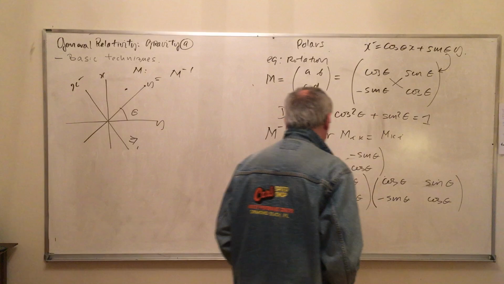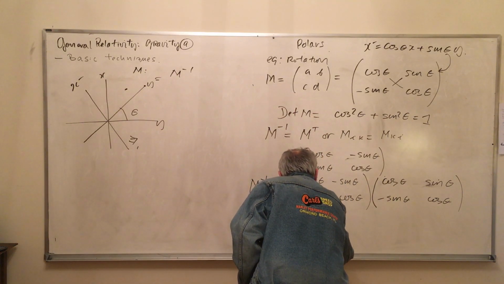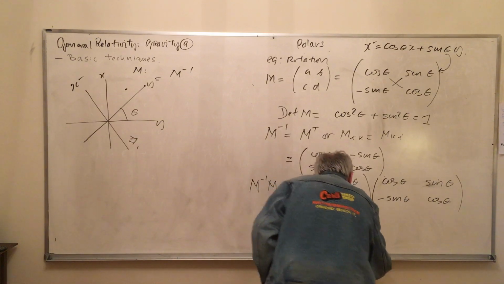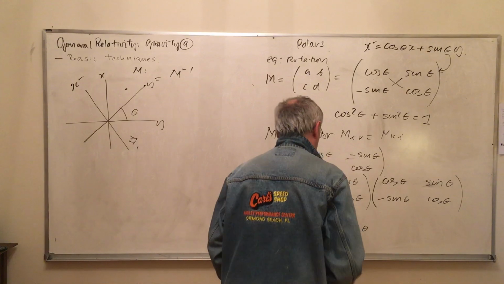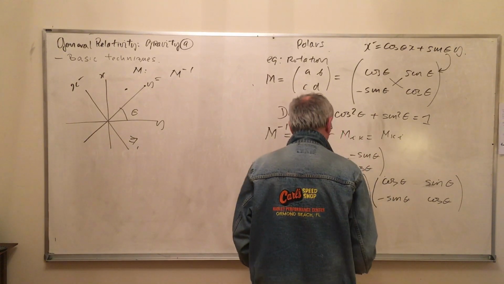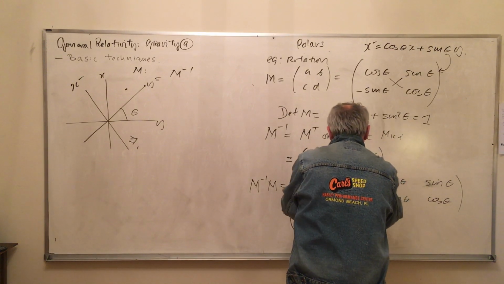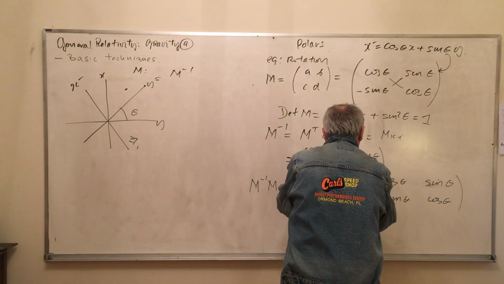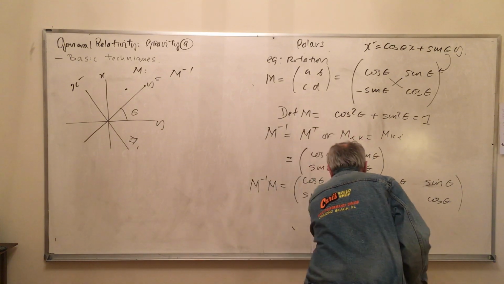So multiplying these two matrices, we get the following. These two guys here go cos squared theta plus sine squared theta.